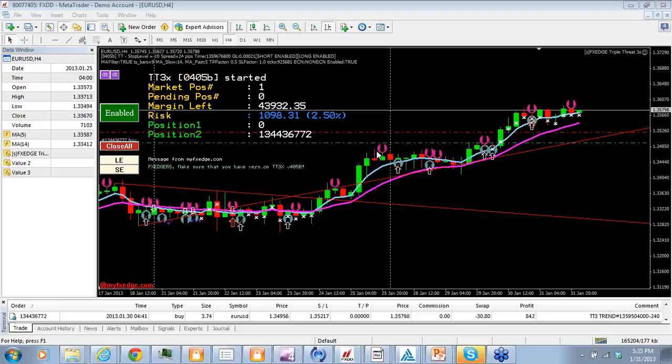So we have taken multiple trades this month. Right now we're currently flat as far as the BW is concerned. We'll be ramping up.